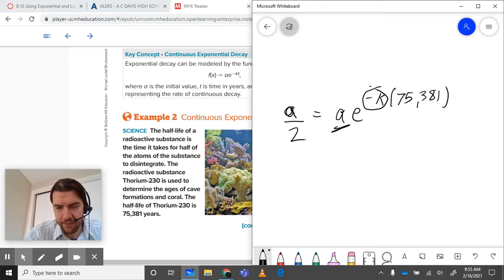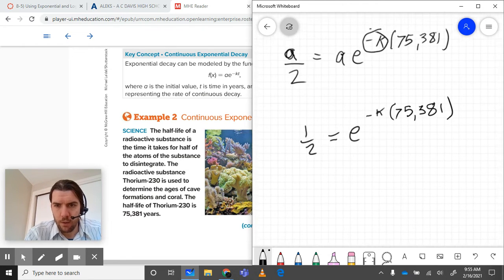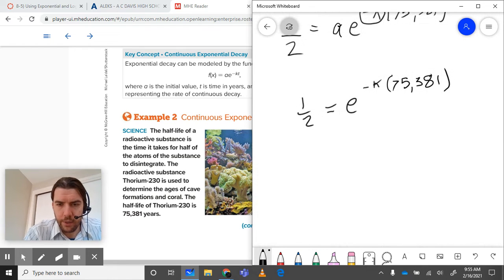All right, I'm going to take the a's out. I can divide both sides by a, and then we'll just get 1/2 equals e to the negative k times 75,381. Okay, well, we're going to go through all of our regular processes here.